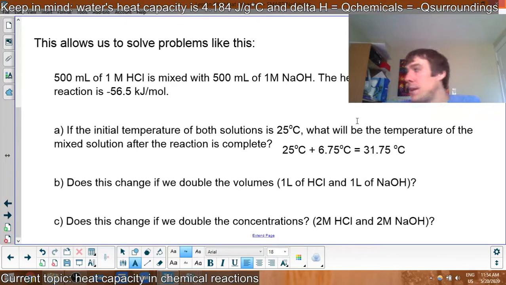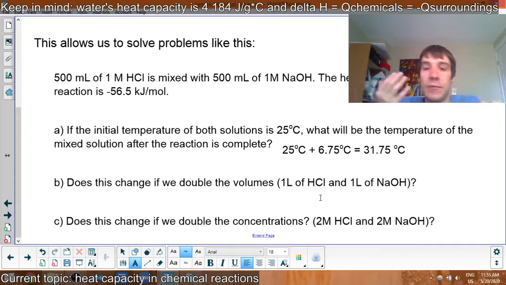Next question, B, is does this change if we double the volumes? We still have the 1 molar HCl and the 1 molar NaOH, but we double the volume. Well, let's think about that. If we double the volumes, we have twice as much chemical, which means we'll release twice as much energy. But we also have twice as much water to heat up, which is what's going to absorb the energy.